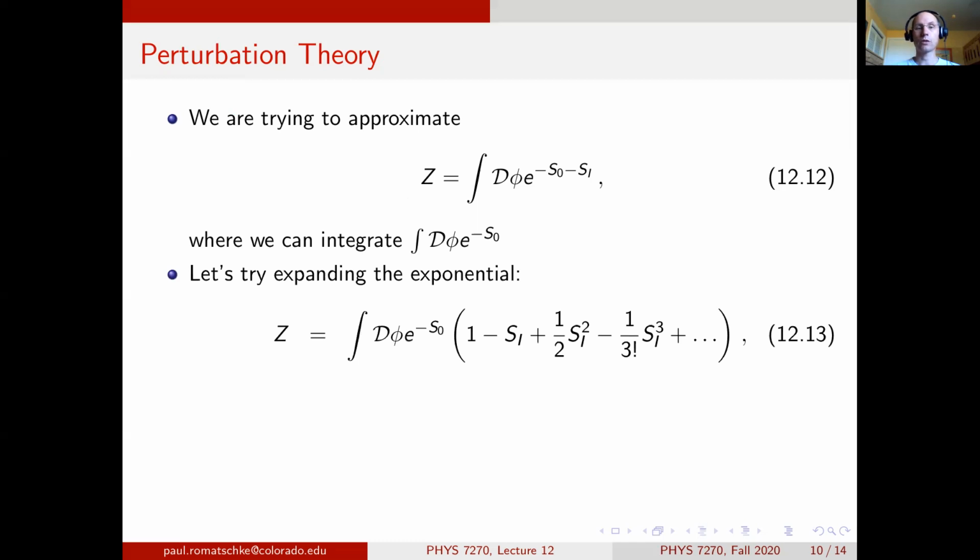An obvious trick that we can try is to expand the exponent of this interaction part, such that Z is equal to the path integral of e to the minus S_0 times 1 minus S_I plus 1/2 S_I squared, and so on and so forth.